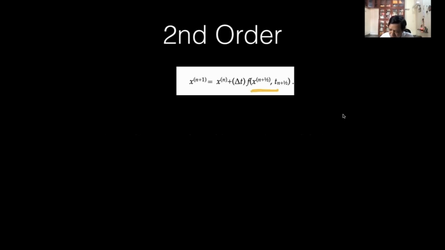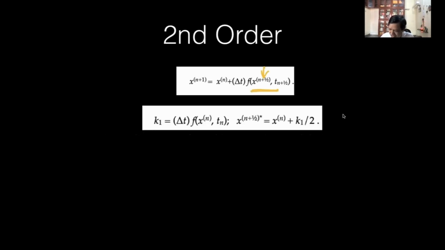F at the midpoint, but I don't know what is x n plus half. So I make an estimate. So predictor: this is x n plus half star. I use Euler forward, with delta t by 2, so this half here, delta t by 2, f at xn. Okay, so this is Euler forward, and this is a predictor step.